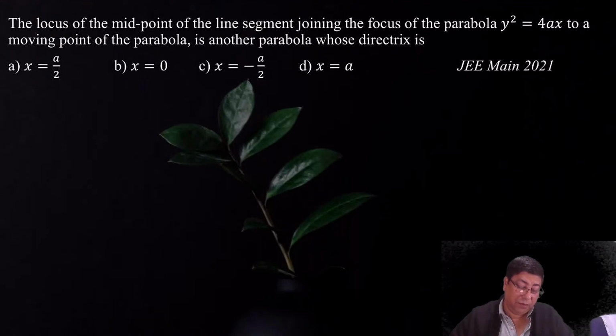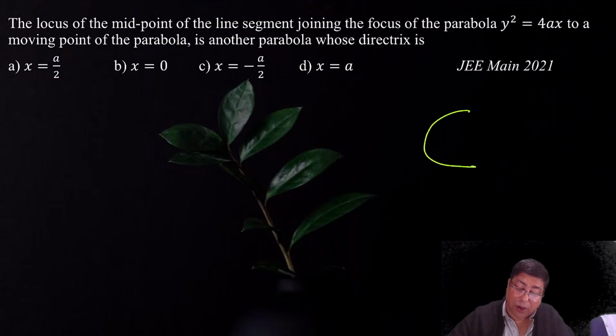Next sum. The locus of the midpoint of the line segment joining the focus of the parabola to a moving point of the parabola is another parabola whose directrix we have to find out. So let us draw one rough diagram.